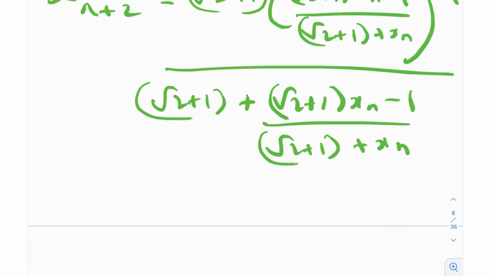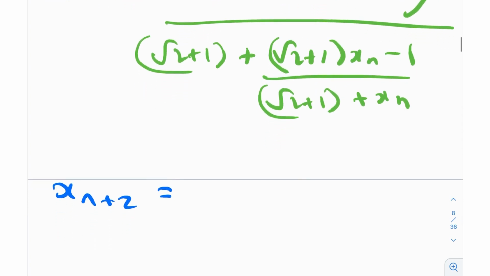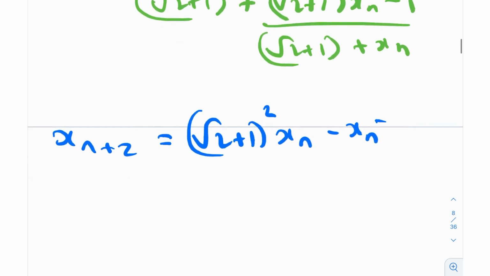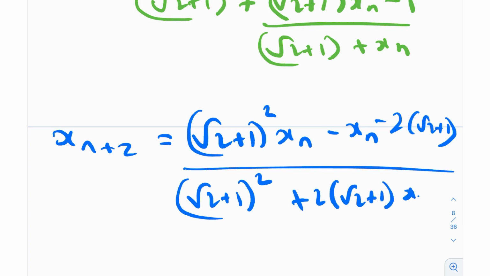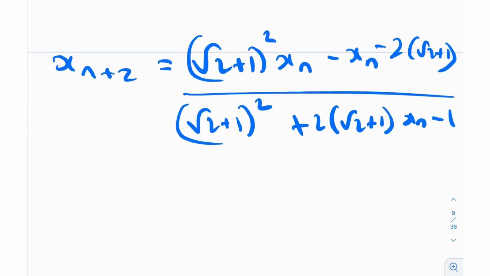Once you take the LCM and do a little bit of simplification, we'd get xn plus 2 as (root 2 plus 1) whole squared xn minus xn minus 2 times (root 2 plus 1), and in the denominator you would have (root 2 plus 1) whole squared plus 2 times (root 2 plus 1) xn minus 1. And that's great because I can apply a little bit of factorization over here.